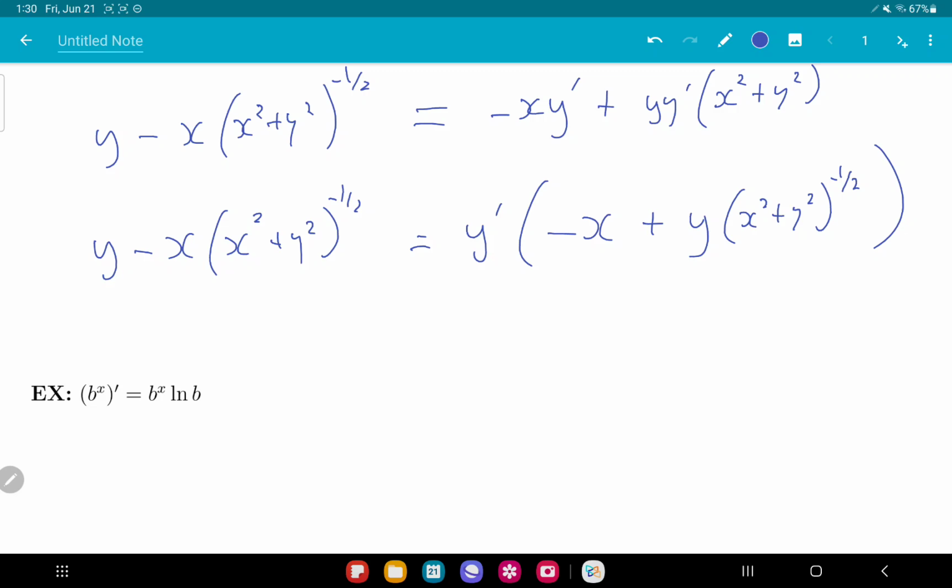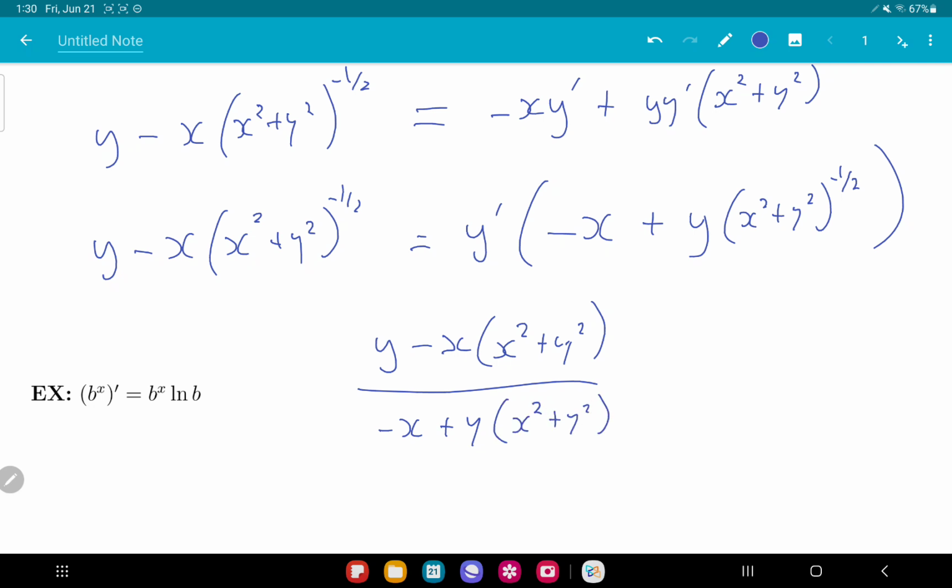So I solve for y prime. I get y minus x times x squared plus y squared, all over minus x plus y times x squared plus y squared. Ooh, lost my exponents. Very common mistake. Just losing exponents in the heat of battle. And this equals y prime.